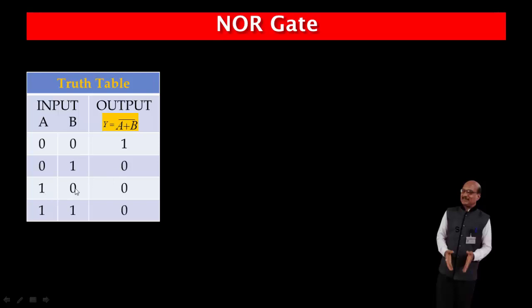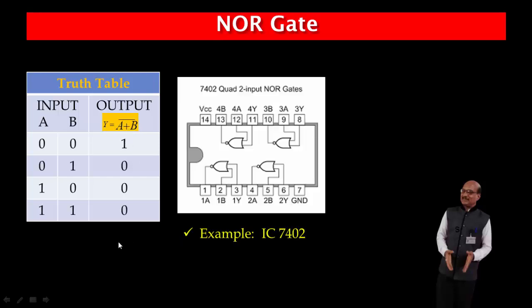Here 1 plus 0 is 1, and complement of this is 0. 1 plus 1 is binary 1, and complement of it is 0. So you find that this output of NOR gate is the complement of the OR gate. Therefore this is called NOT OR gate.